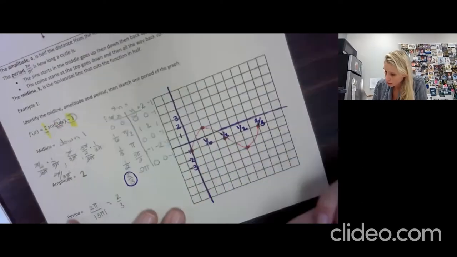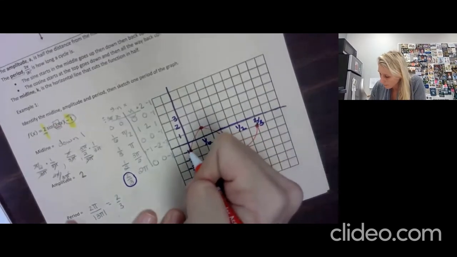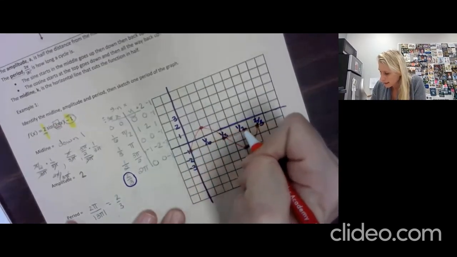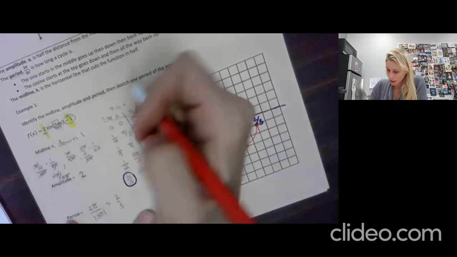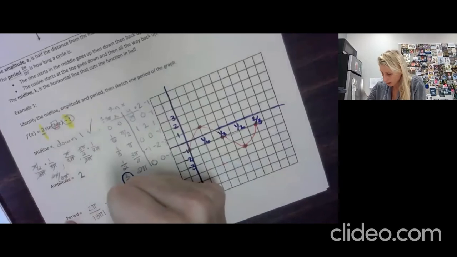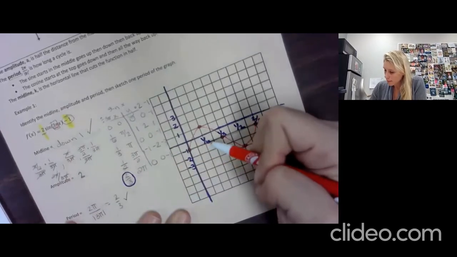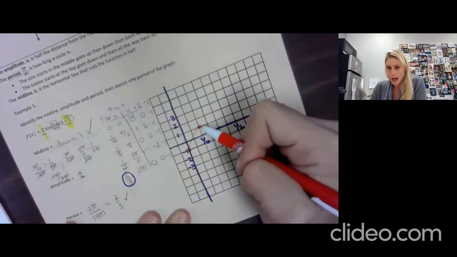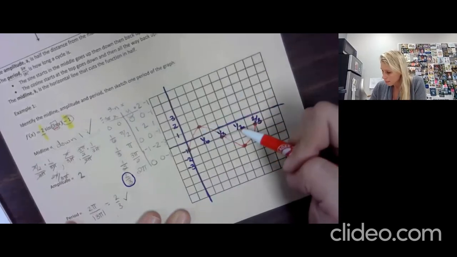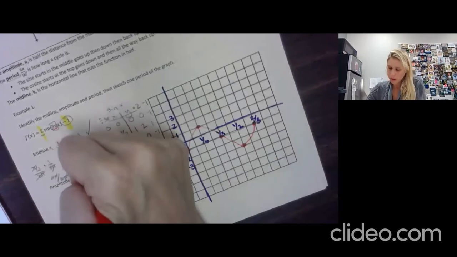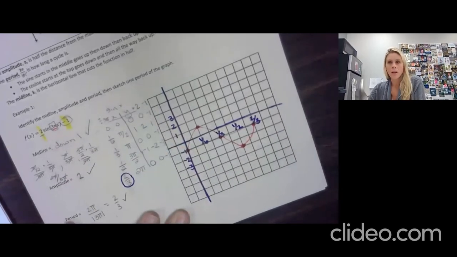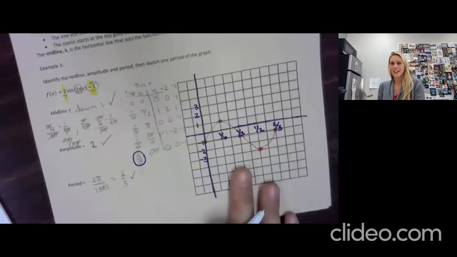And also look at this, my midline is at -1. Check that off, right? And let's go, my midline up to my max is 2. My midline down to my min is 2. Amplitude is 2. So we graphed it correctly. This is sine.